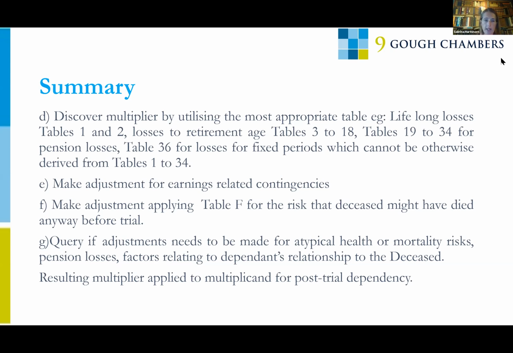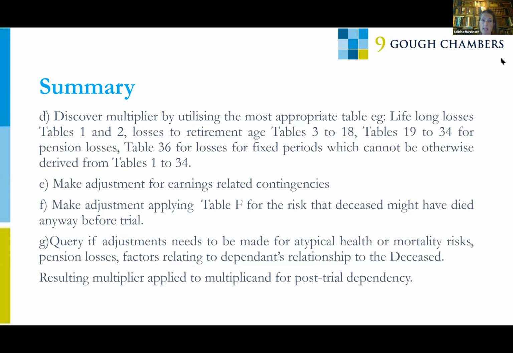Now, just pausing there for one moment at point D, you will have probably noticed that this is different to the recommended approach that was being used by us post-NAWA. We were obviously encouraged to use table 28, now the new table 36, rather than using tables 1 to 34.